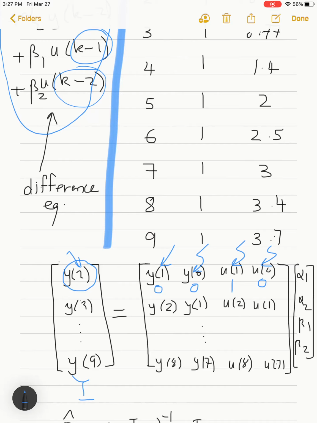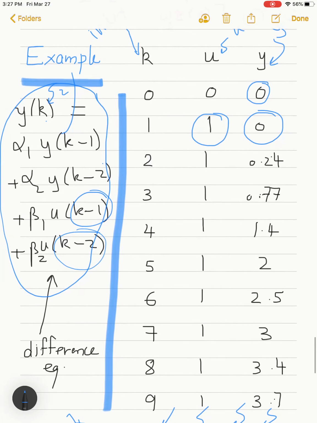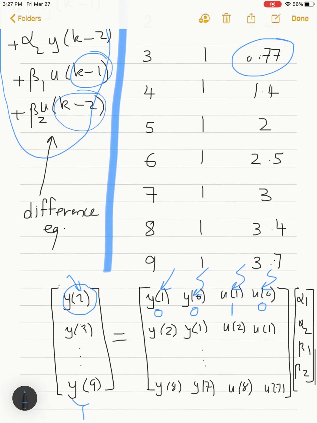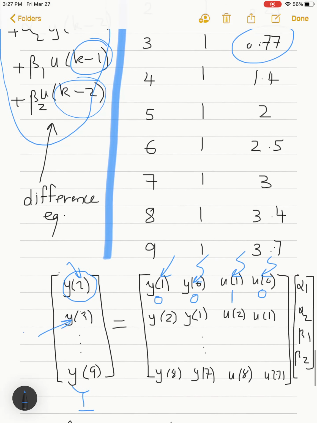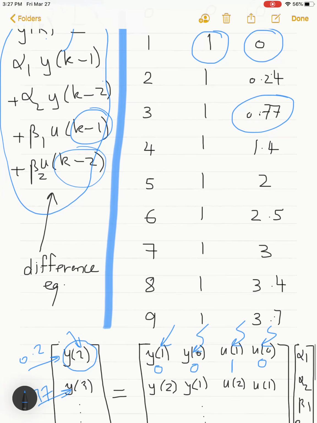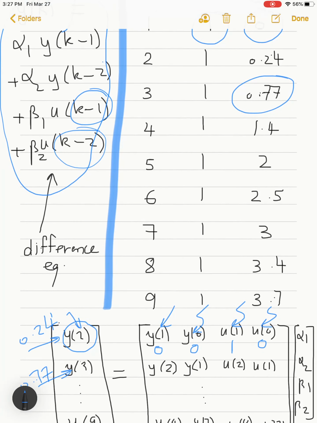If I do the second row, I'll need y of 3, which is 0.77. So here I will have 0.77. By the way, y of 2 is 0.24. And I need y of 2, so this is 0.24.